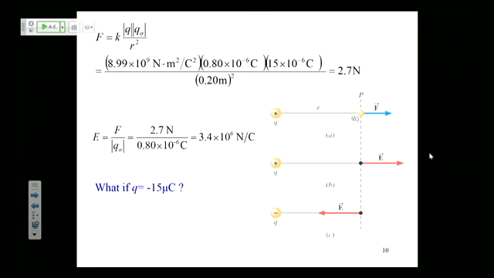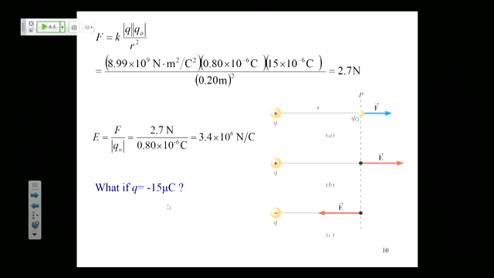Now, to check your understanding, think a little bit. What will change if Q was negative? What will change if this Q, the source of the field, was minus 15 microcoulomb instead of plus 15? What will change?